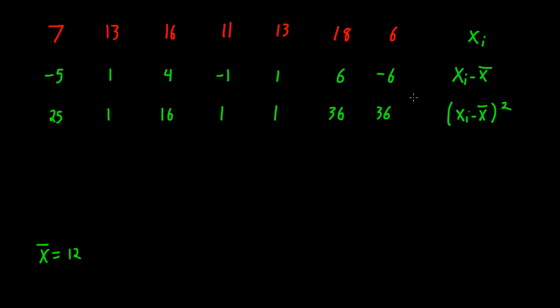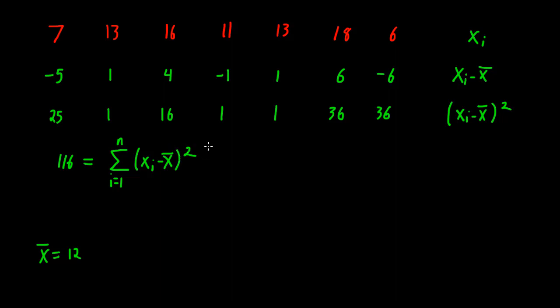The next step is we're just going to add all these different values up. If we add all of these values up, we're going to get a total of 116, which is equal to our formula for the top of our function here, which is the sum from i equal to 1 up to n of xi minus x bar, and that value squared.